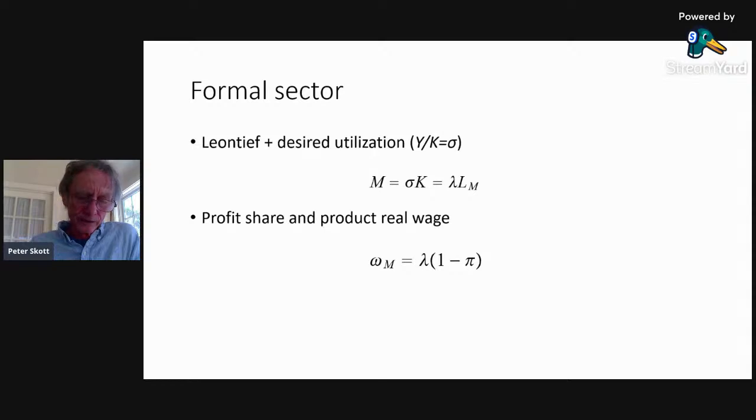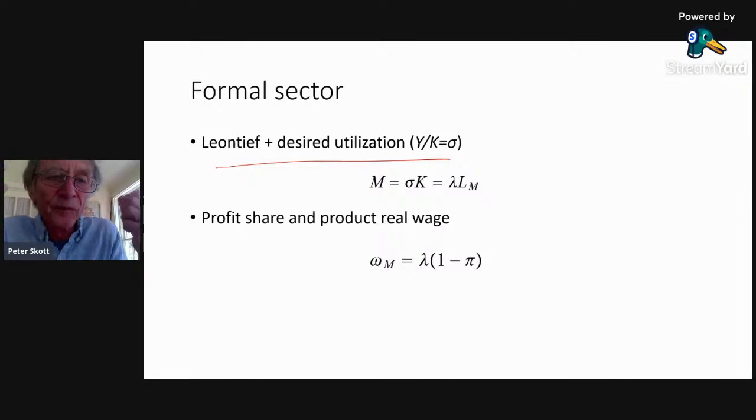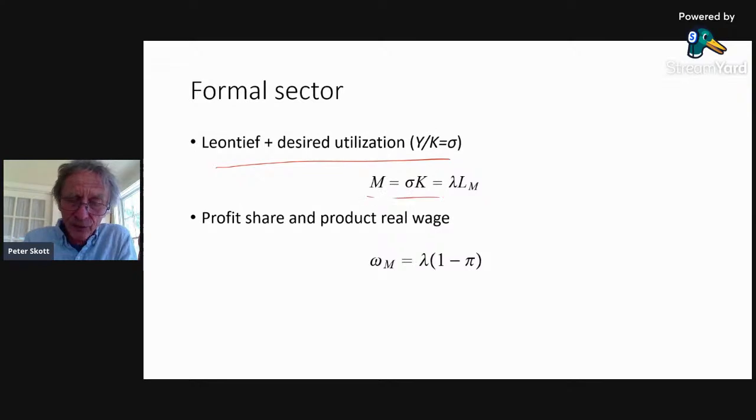Equations, just quickly: the formal sector, Leontief, and utilization at the desired rate. This is very much a long run, medium long run story. It's a story about development. I'll assume that we carry out our fiscal policy so as to stabilize the economy around the trajectory that we wanted to follow.